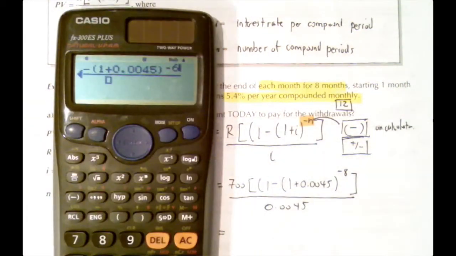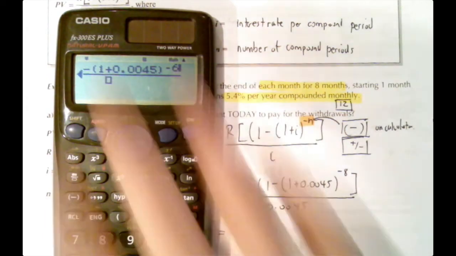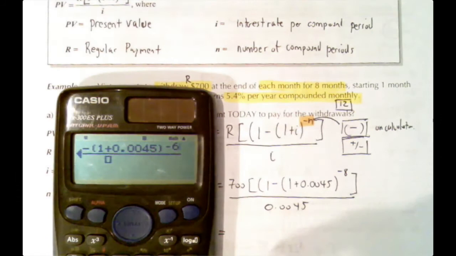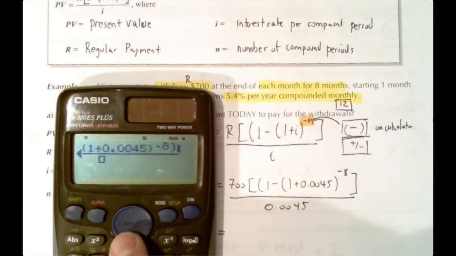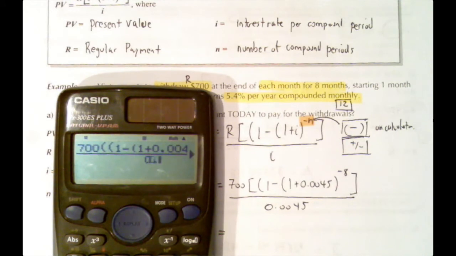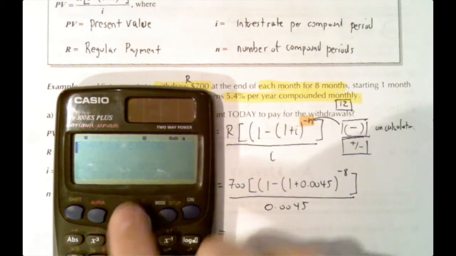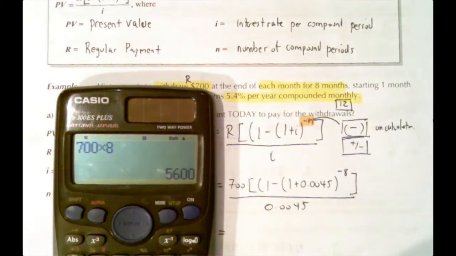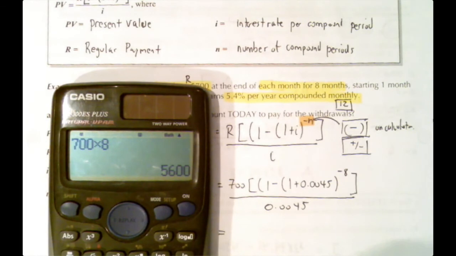And the key is on my calculator, it's this negative button, not subtract. And close bracket, and down on the bottom we got 0.0045 equals, I made an error. Weird. Let's go look. Uh-oh, gotta type it all in again. Wonder what my mistake was. Maybe you saw it, maybe you caught it in the video. Let's try it again.